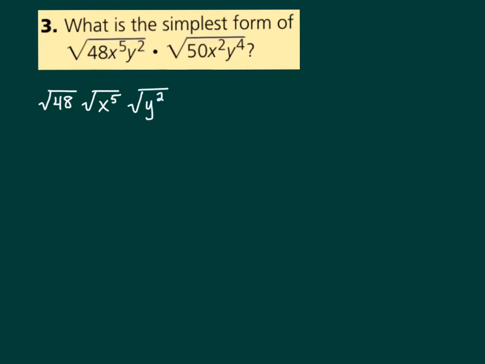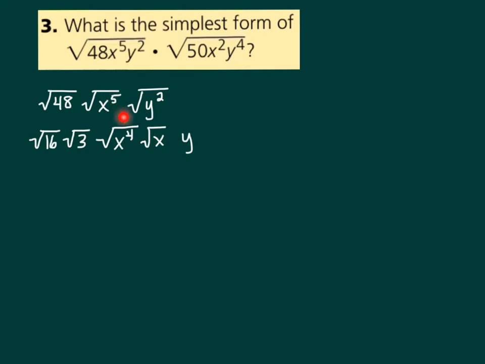When we look for the largest factor of 48 that is a perfect square, we find that it is 16. So that's the square root of 16 times the square root of 3. That's the square root of 48. Then the x to the 5th, we rewrite as the square root of x to the 4th times the square root of x. And the square root of y squared is just y.